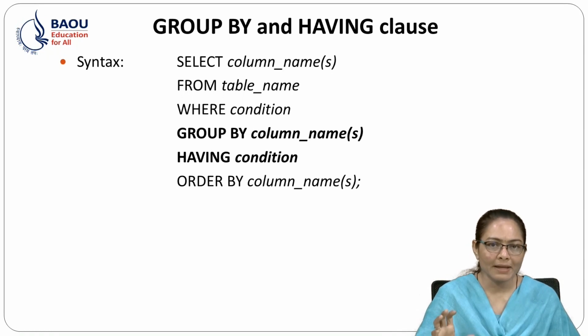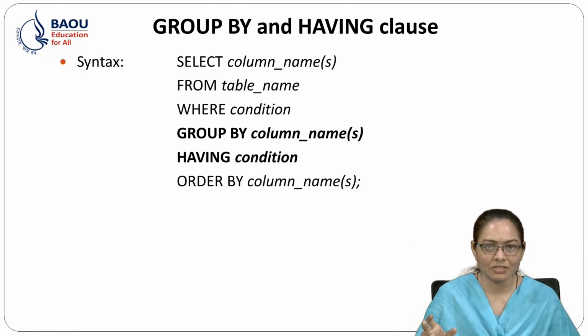The group by clause is used to group all the data which is similar, but the having clause is used to select only some of the data. Then we can use the having clause with the condition.